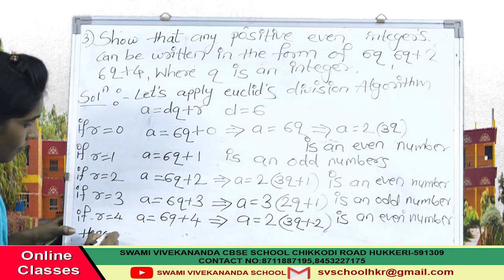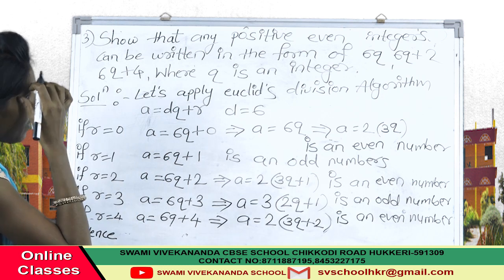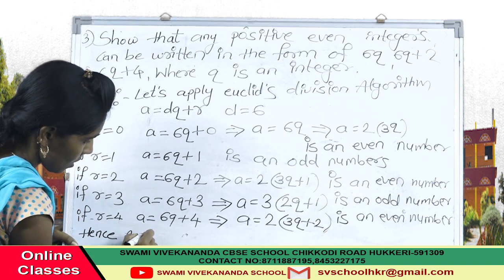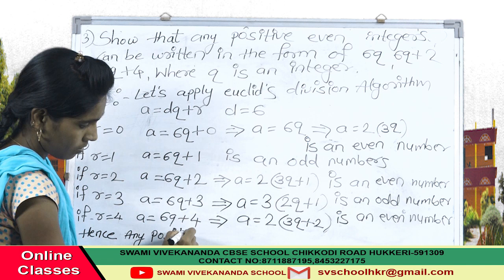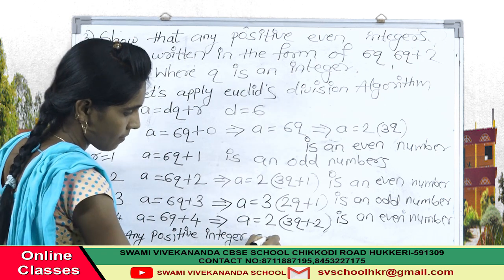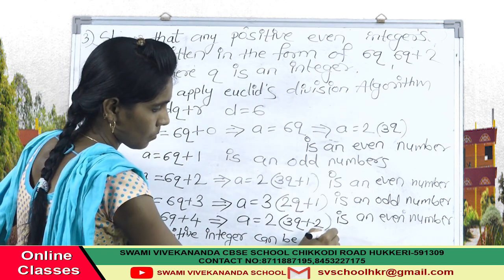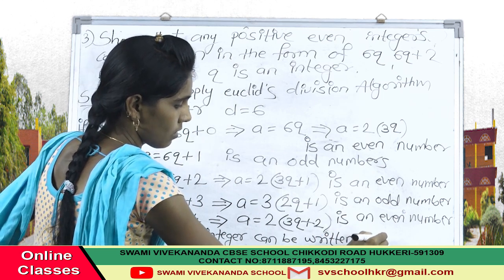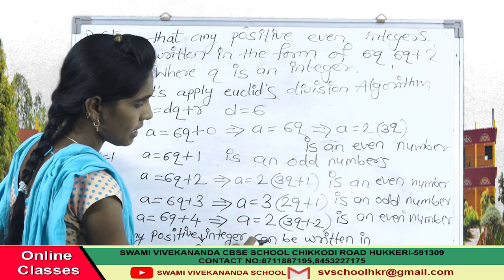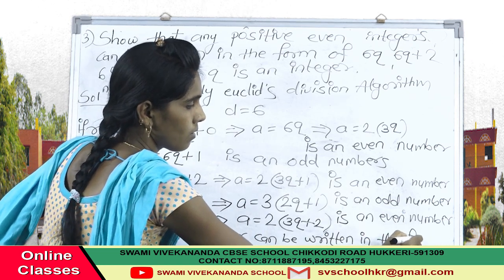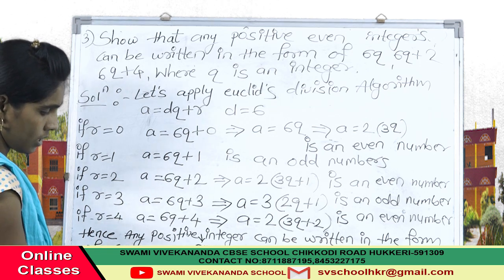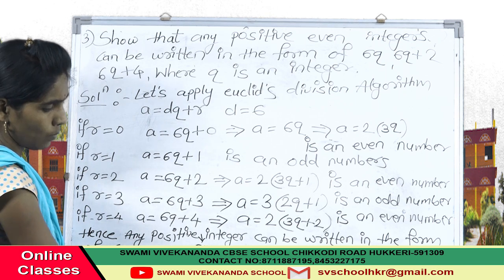So hence, any positive even integer can be written in the form of 6q, 6q plus 2 and 6q plus 4.